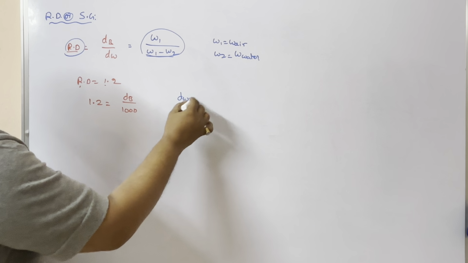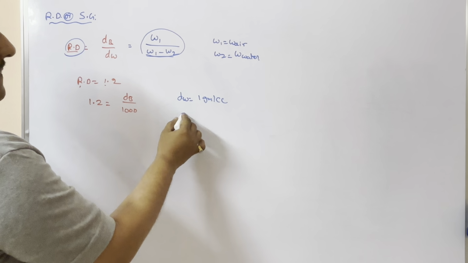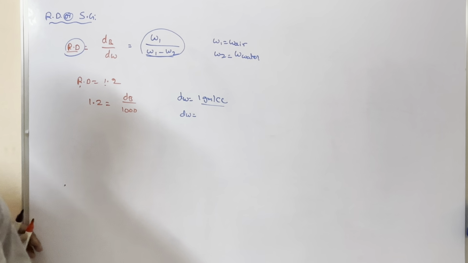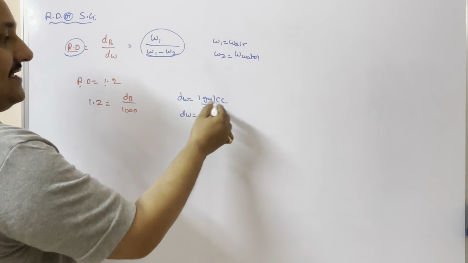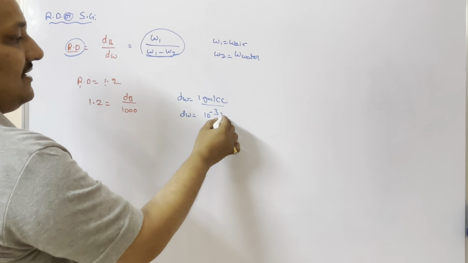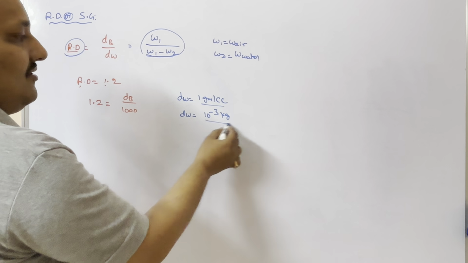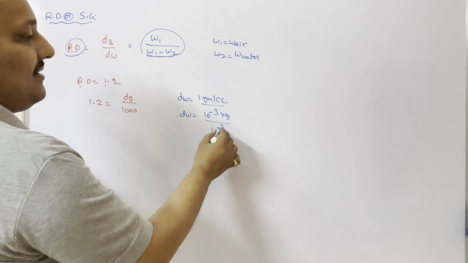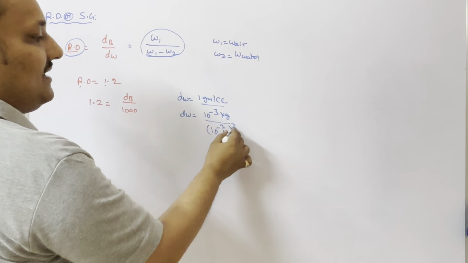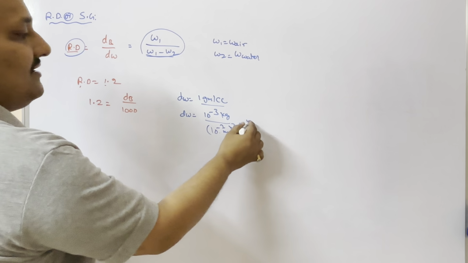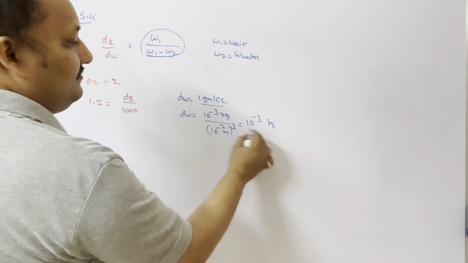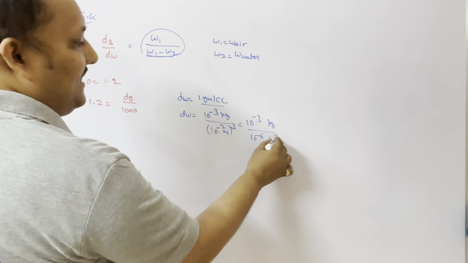They will say 1 gram per cc in grams. If you convert this into kg per meter cube, 1 gram is 10 power minus 3 kg, and 1 centimeter cube is 10 power minus 2 meters whole cube. So if we send this to the numerator, 10 power minus 6 meter cube.